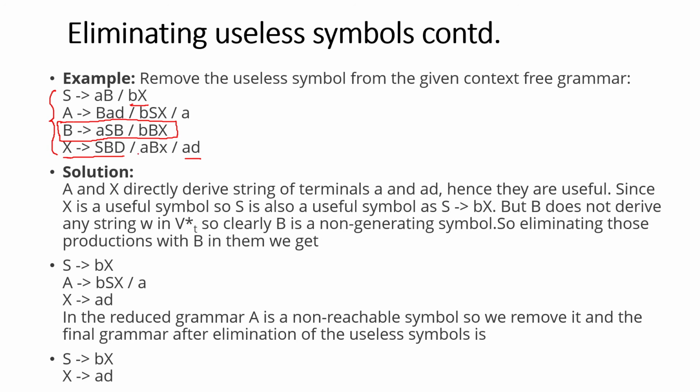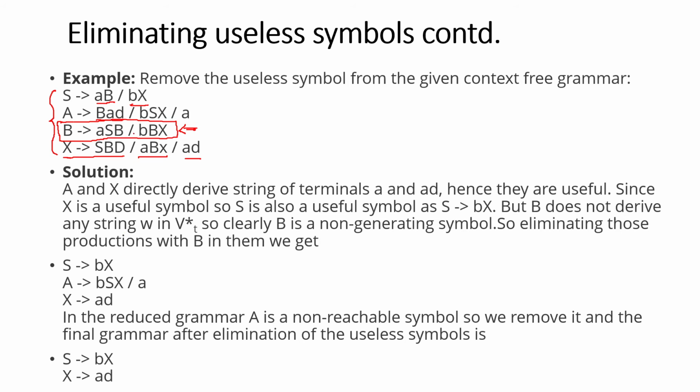Even X to ABX doesn't exist because B doesn't exist. Similarly, A to BAD will not exist, and S to A small a capital B will not exist. So naturally, removing these production rules removes many other production rules from the grammar.